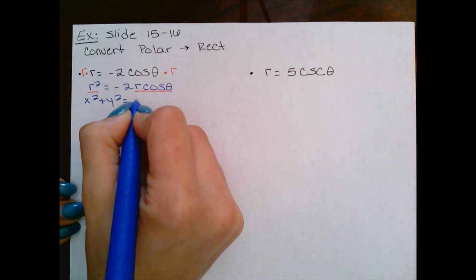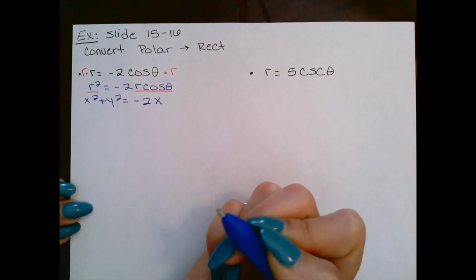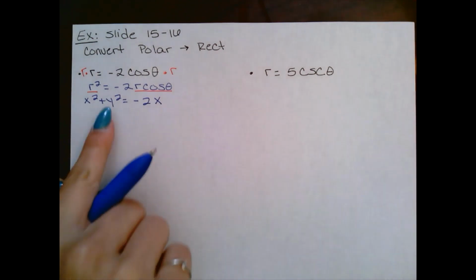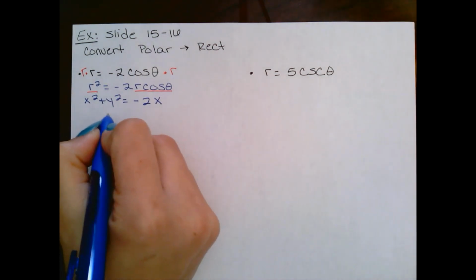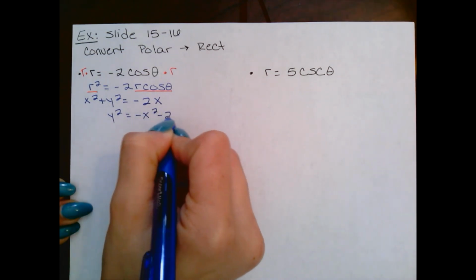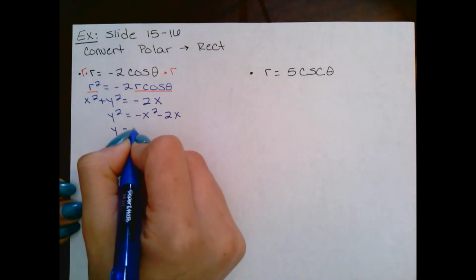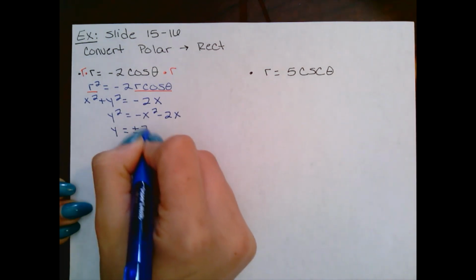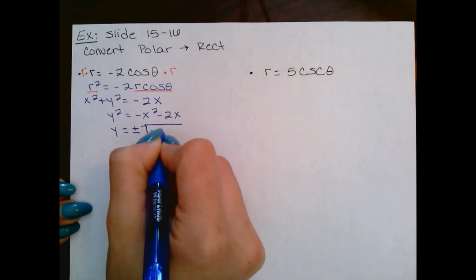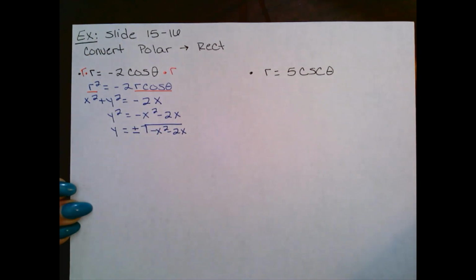And then I'd have negative 2, and r cosine is an x. Okay, so let's work on getting that y squared by itself. And then to get rid of that squared, I'm going to square root. Remember, every time you apply a square root, you have to apply that plus or minus. And we are done with this one.